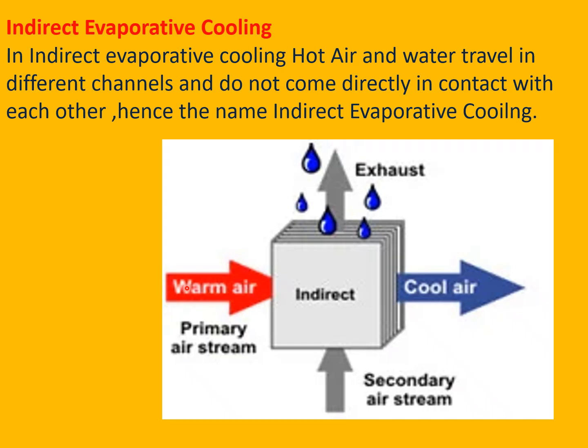The warm air and another movement is the primary air stream which travels through the indirect portion and cool air is supplied. There is a secondary air stream which travels vertically over the same system which is adjusted from the top.